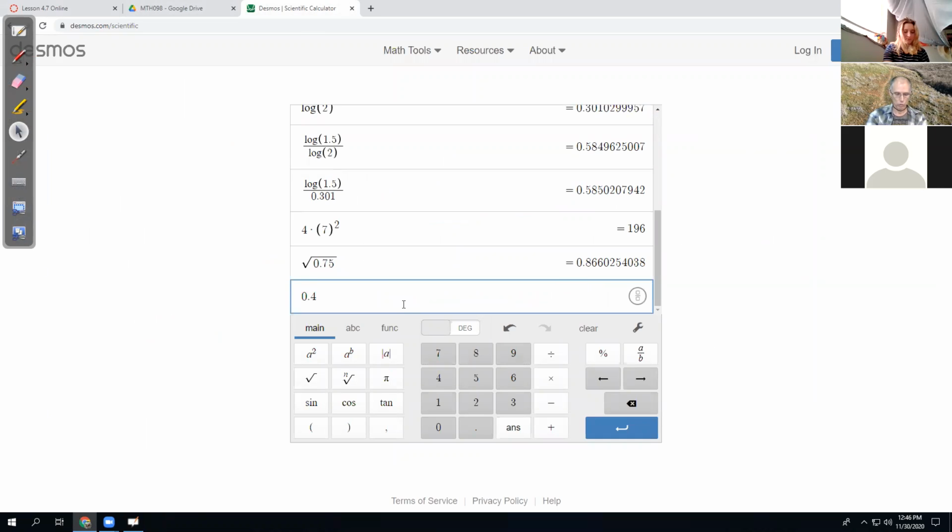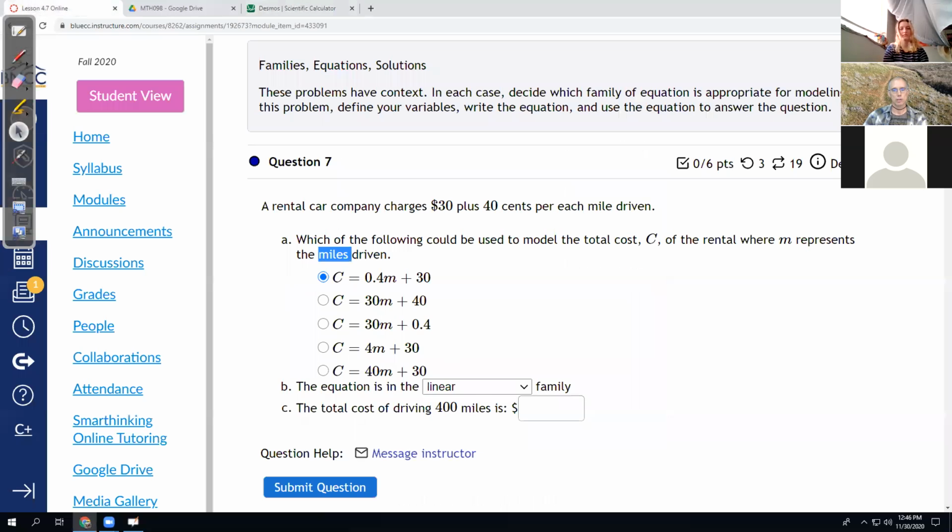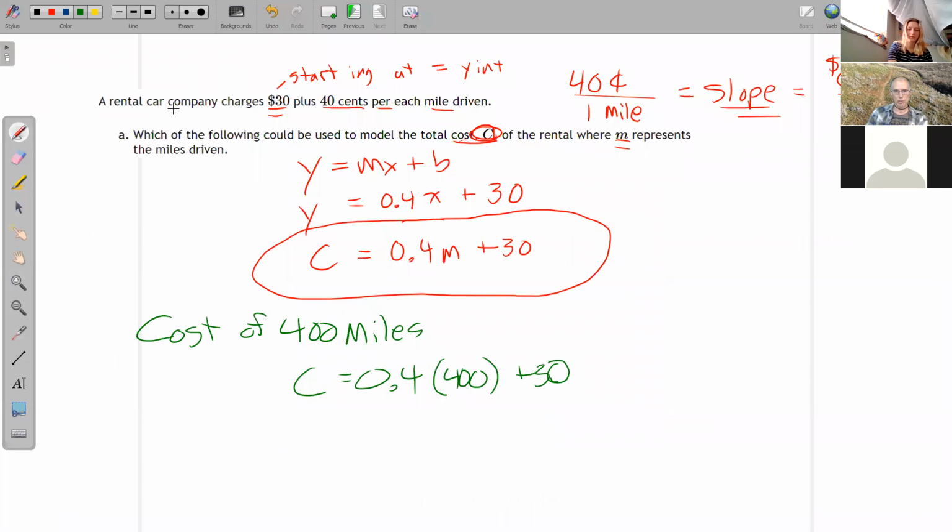So 0.4 times 400 plus 30, $190. Seems reasonable. Again, I should also write this down in my notes. Again, C is cost, so that's going to be dollars.